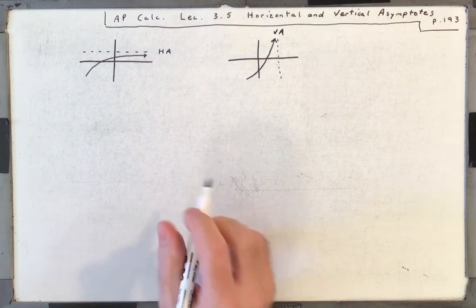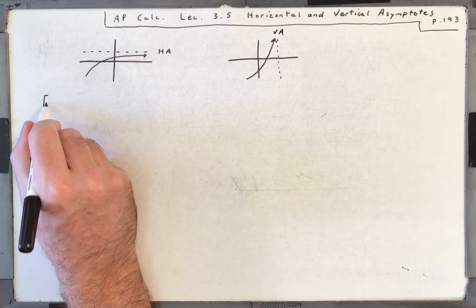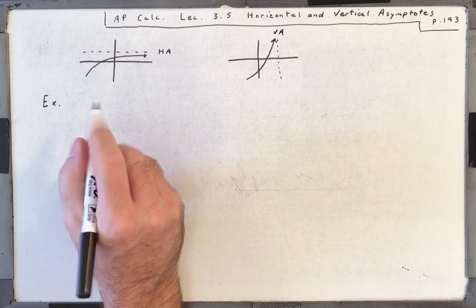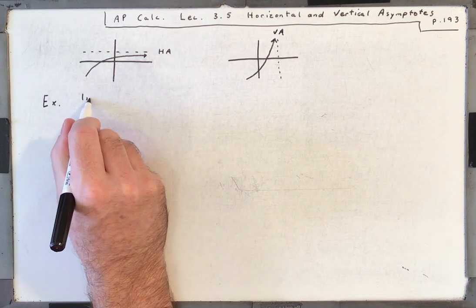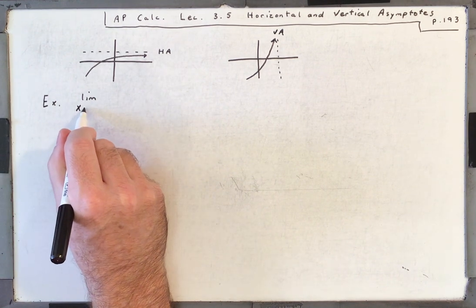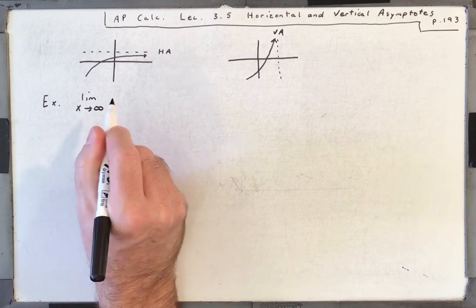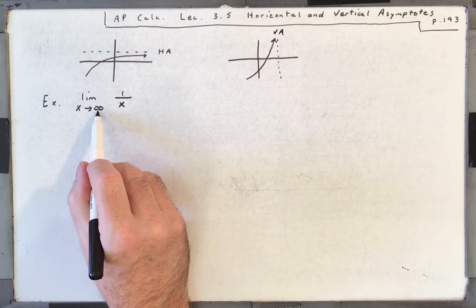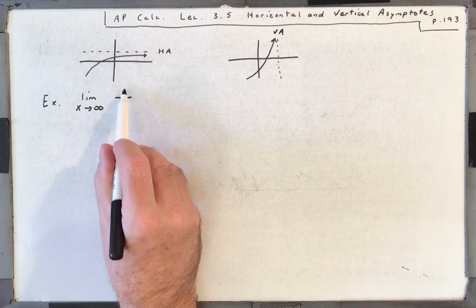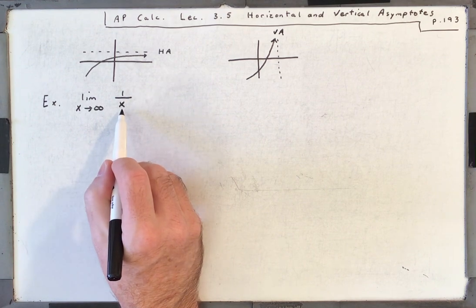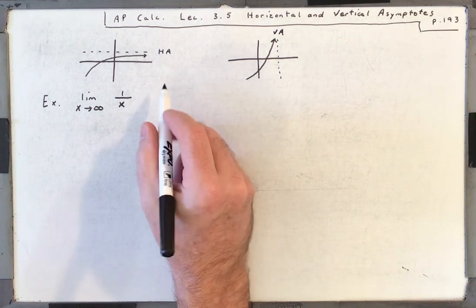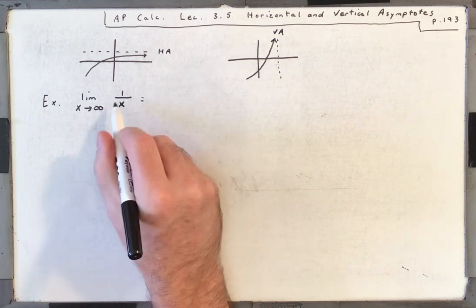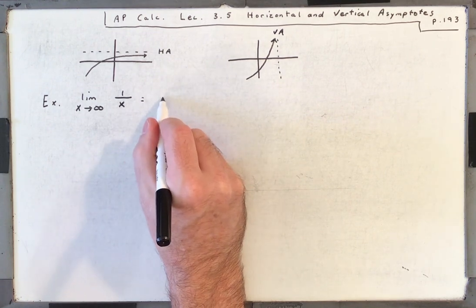Okay, so let's do some examples, and what we're going to do is find the horizontal asymptotes on these by taking the limit as x approaches infinity. Let's say we have the function 1 over x. If you plug in infinity for x, 1 over infinity is just 0, right? So that limit is equal to 0.